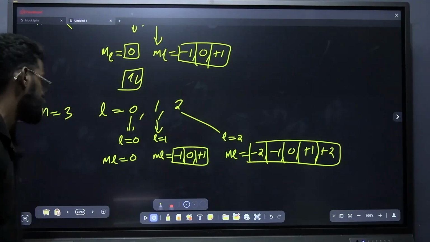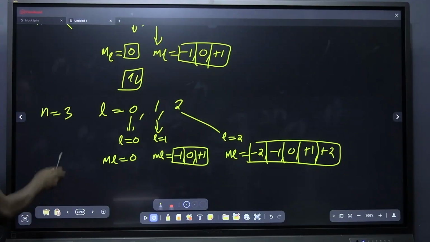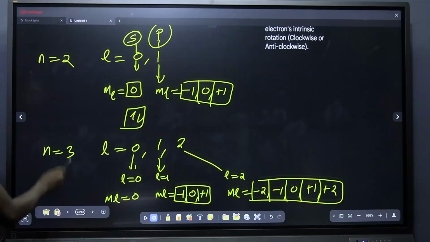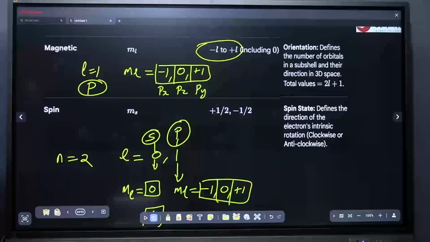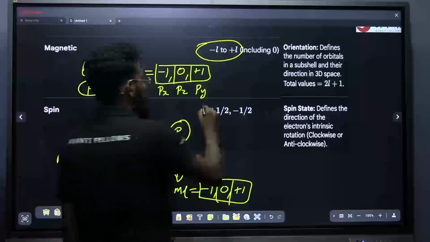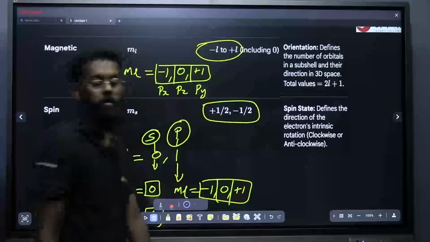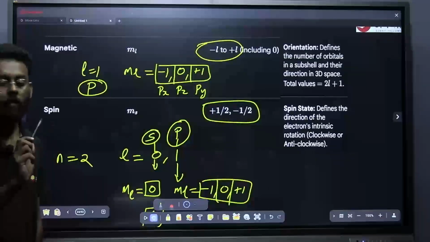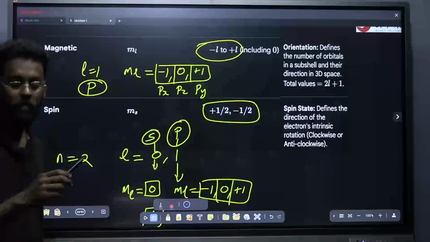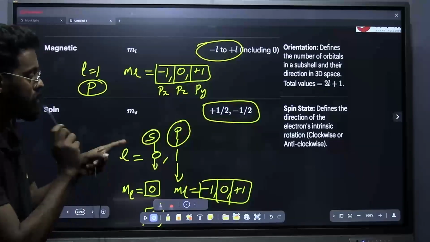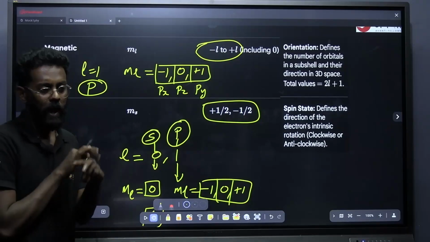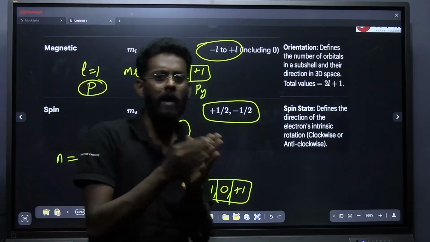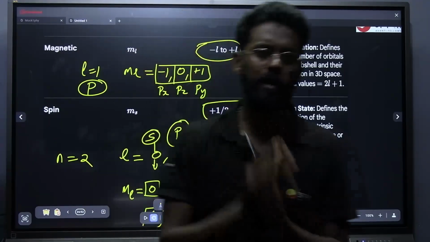Okay, thank you. That was about the magnetic quantum number. Now the spin quantum number. An electron in an orbital can be in positive spin as well as negative spin, which means it can be in clockwise or anti-clockwise rotation. Actually, telling clockwise and anti-clockwise is not exactly correct.